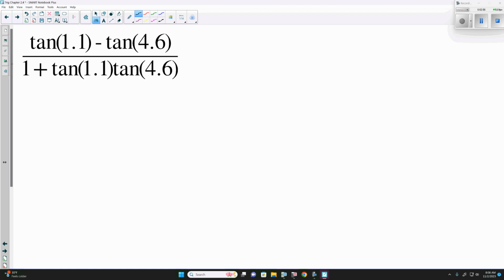We can do the same thing with tangent. Part of the reason I know that this is tangent is because the whole thing just screams tangent.